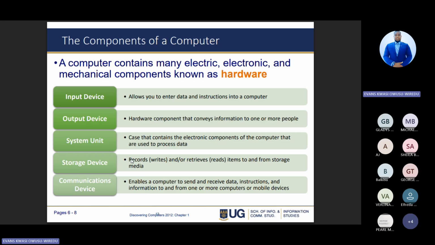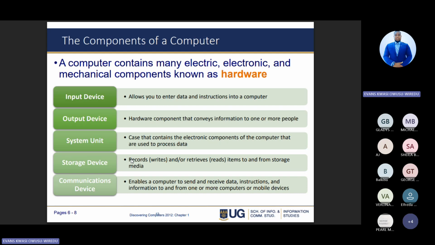So it enables a computer to send or receive data, instructions and information. It's not limited to only information. It also has to do with data, and it also has to do with instructions. You will understand later on why it has to do with data, instructions and information as well.